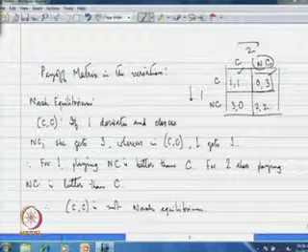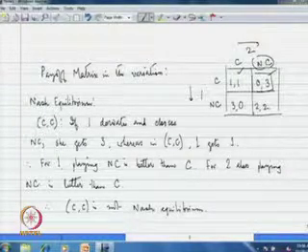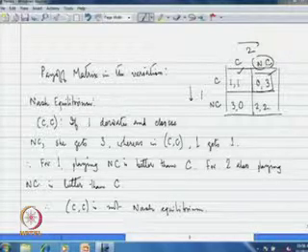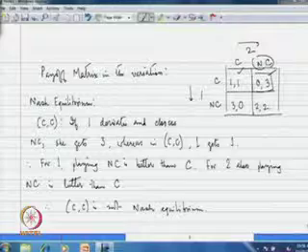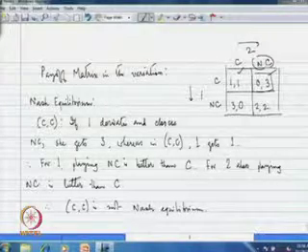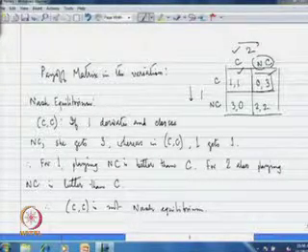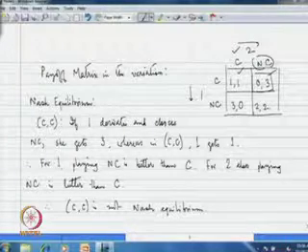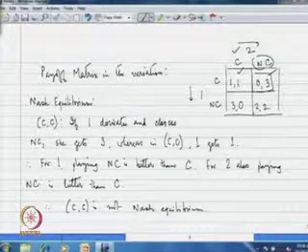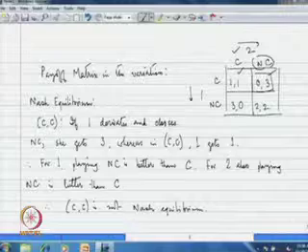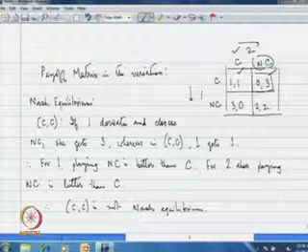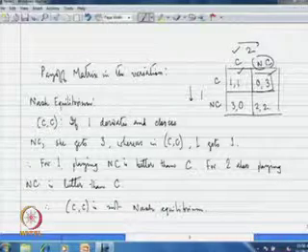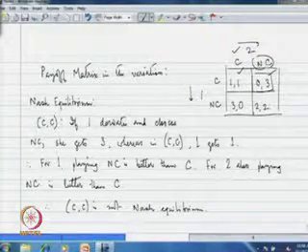Here we can see that from CNC player 2 does not have any profitable deviation, because what player 2 can do is that player 2 can play C instead of playing NC, but if he plays C, he is going to get 1, which is worse than 3. So, for player 2 there is no profitable deviation from CNC. So, that is there.